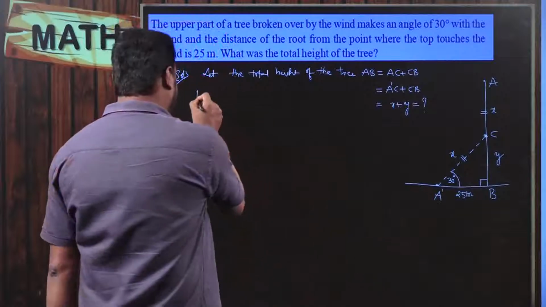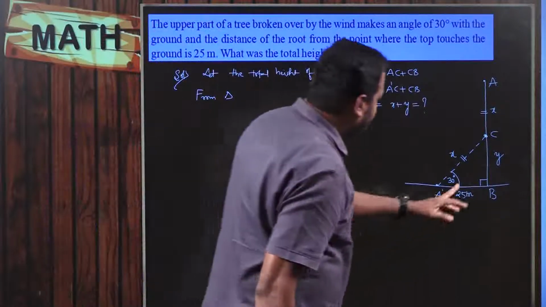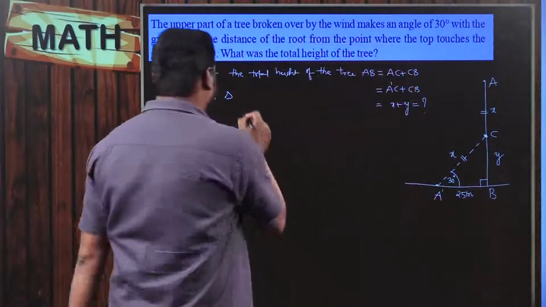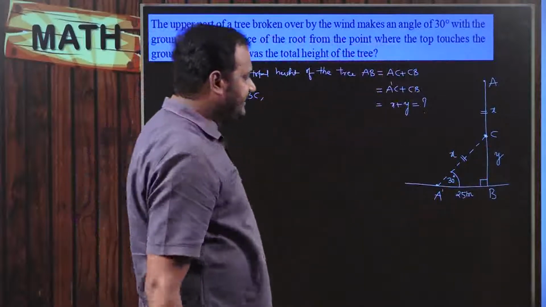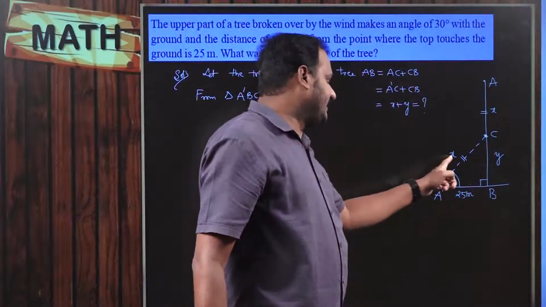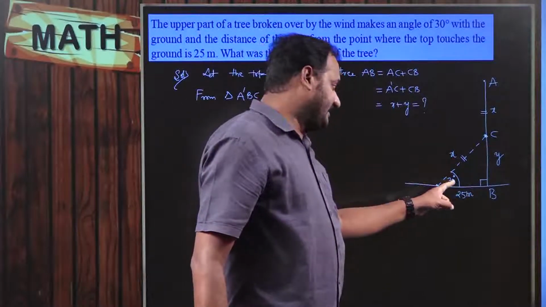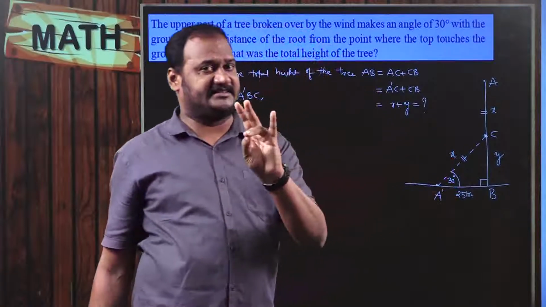So I am taking triangle A dash BC. In this, first of all, I am going to find the value of X. In order to find the value of X, the angle is given, the adjacent side is given, I need the hypotenuse. Angle, adjacent side, hypotenuse.